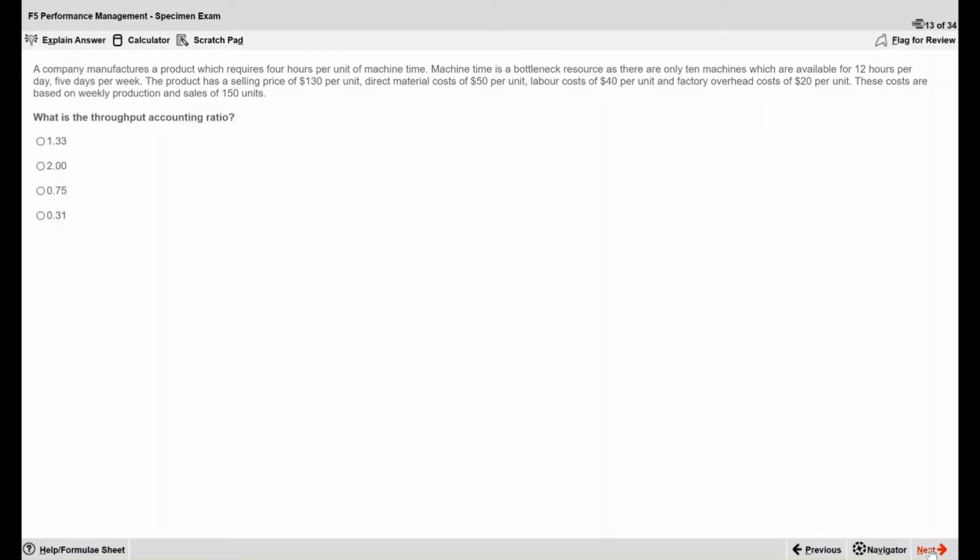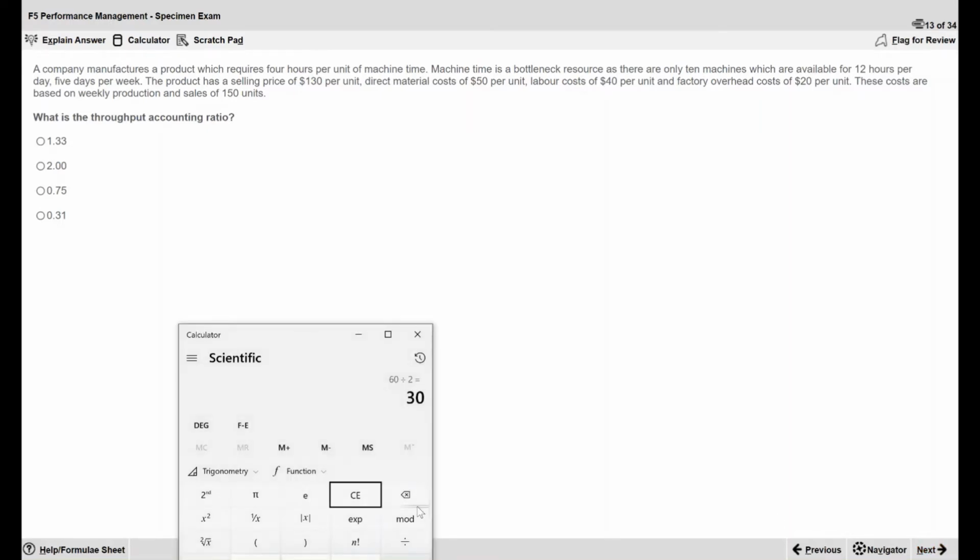If we take 10 machines available at 12 hours per day, 5 days per week, and we are calculating per week, so we have 600 hours roughly.